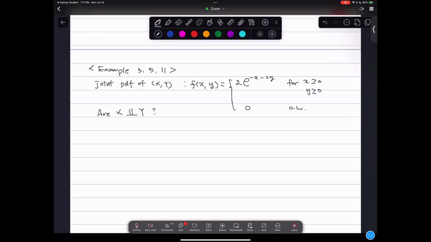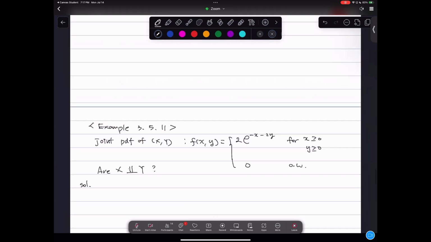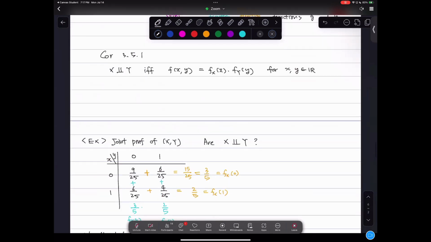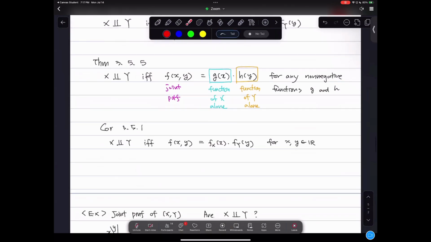All right, I can go either way. Let's go two different ways, and one is easier than the other. I can use the corollary over here: if I know that the joint equals the product of the marginals, then they're independent. So I can go figuring out the marginal times marginal. Is that equal to this? Then they're independent.